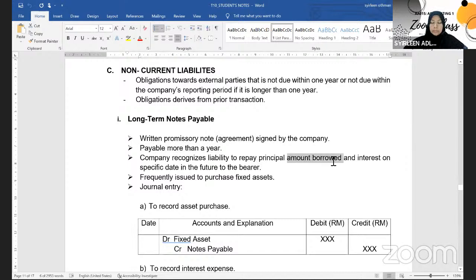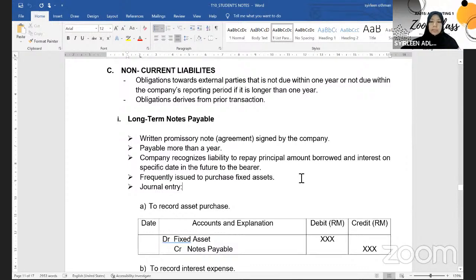So there are two items that you need to pay when you reach the specific date or the maturity date of the long-term notes payable, which is the principal, that is the amount borrowed, and also the interest. You need to bear in mind, because this is a long-term notes payable, the interest paid is slightly different from the one that we did in the short-term notes payable.